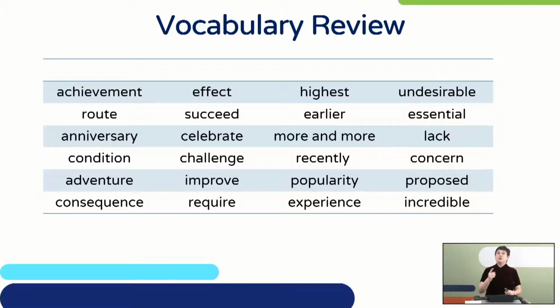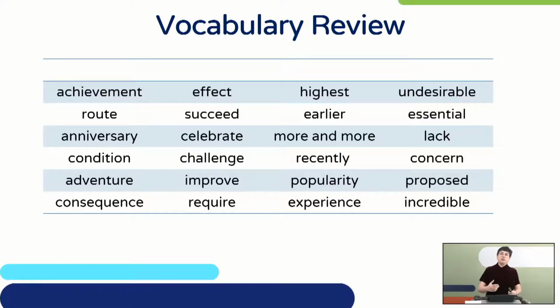Anniversary is the celebration of something that happened every year, or 60 years ago. This is a 60-year anniversary. Birthdays are a type of anniversary that we celebrate every year on the day that we were born. Condition is the situation that we have. The conditions on the mountain, full of garbage. Adventure, something exciting we can do.